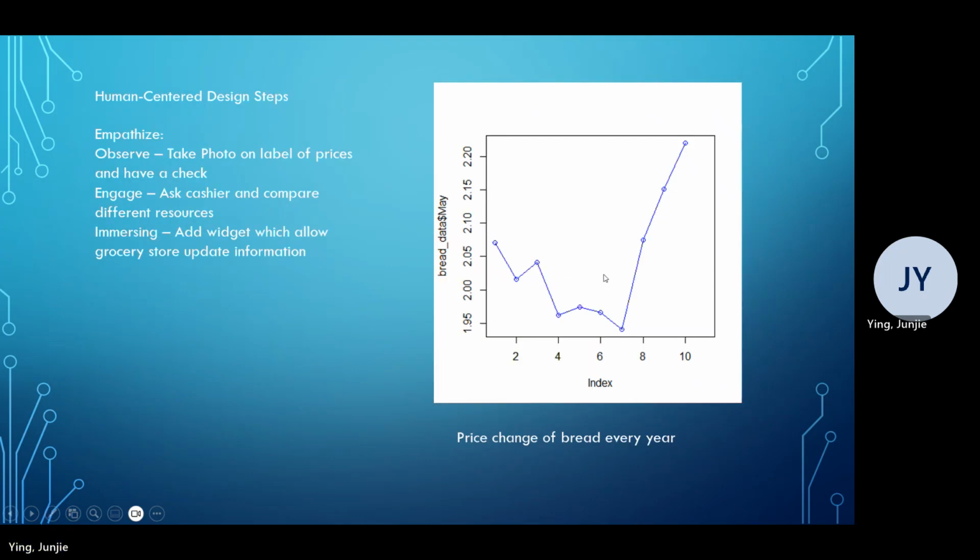These are the human-centered design steps. We are going to emphasize that, and we are going to observe the price by taking photos of the price labels and checking online and other resources such as Pick 'n Save, Meijer, and other types of grocery stores.